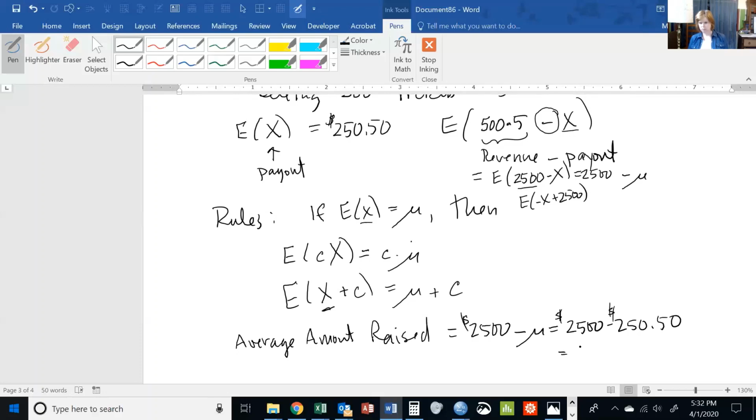That's $2,249.50, and this is the average amount we raise.